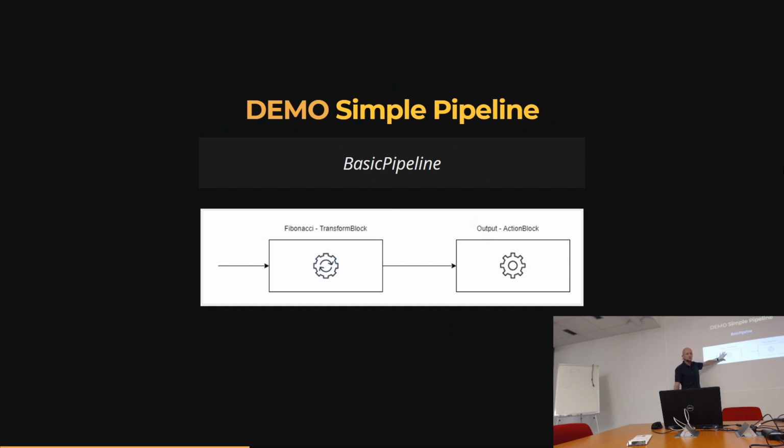This transform block will calculate Fibonacci numbers. And the target of our pipeline will be an action block. This is the block that terminates the pipeline. It takes a delegate, an action function, and executes it on the input. In our case, we will just print out the data to console.